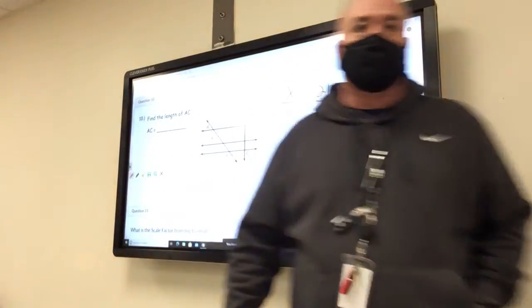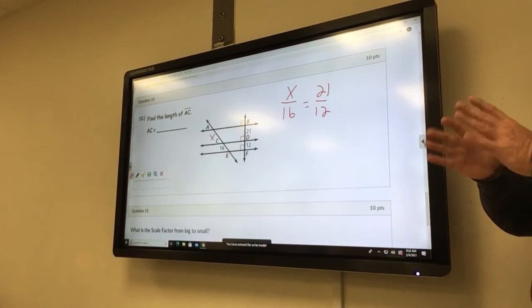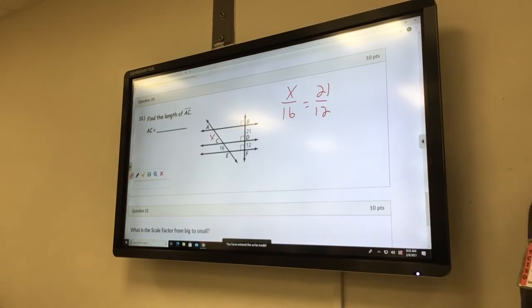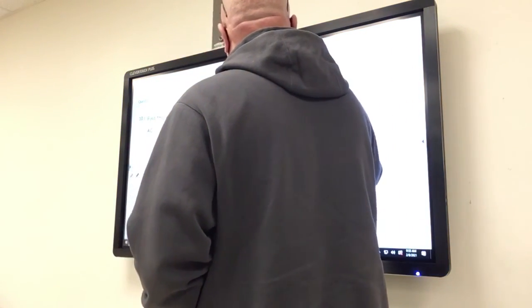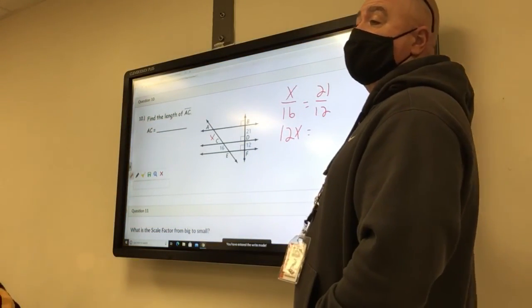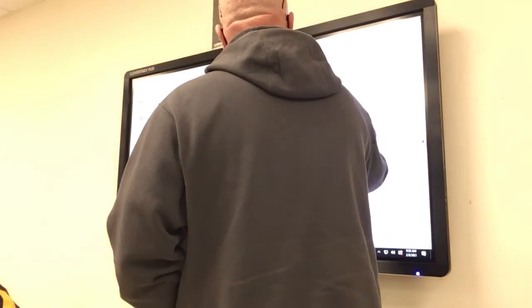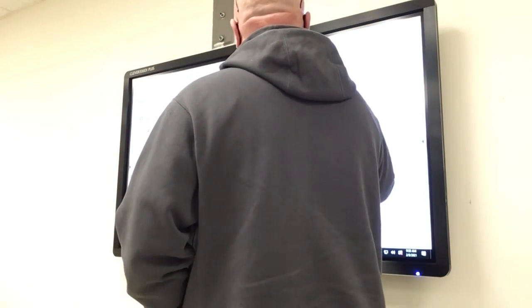Now, how do we solve a proportion? Cross multiply. 12x equals 16 times 21. What's 16 times 21? 336. Divide by 12.